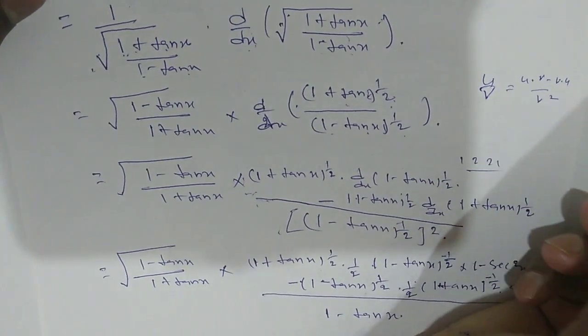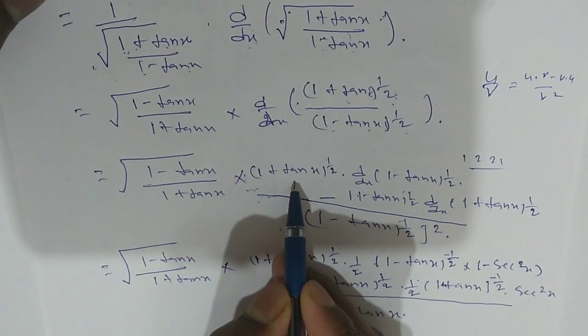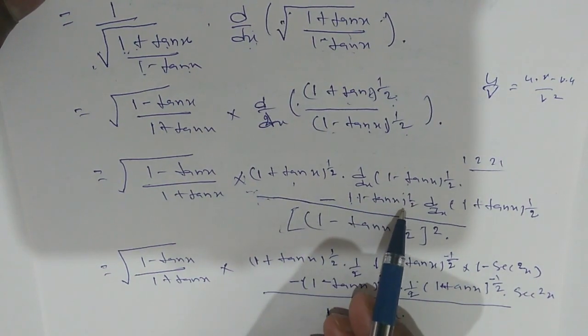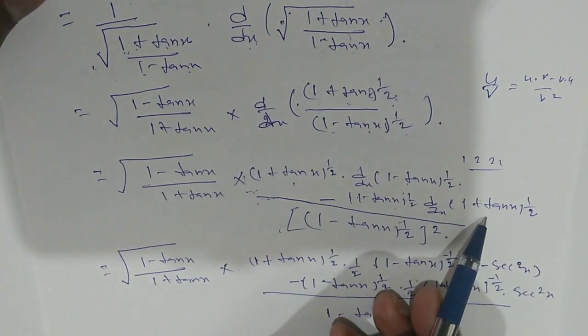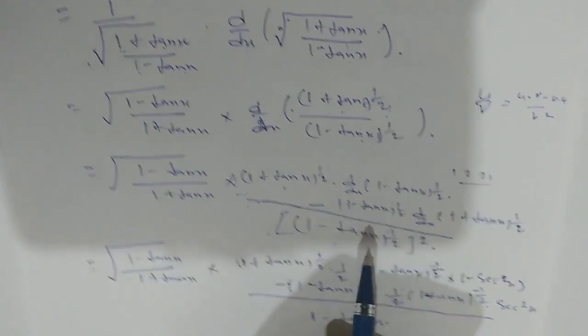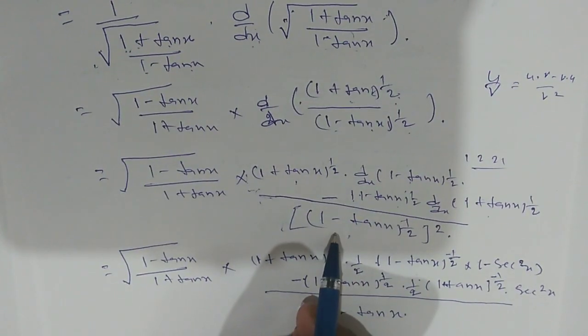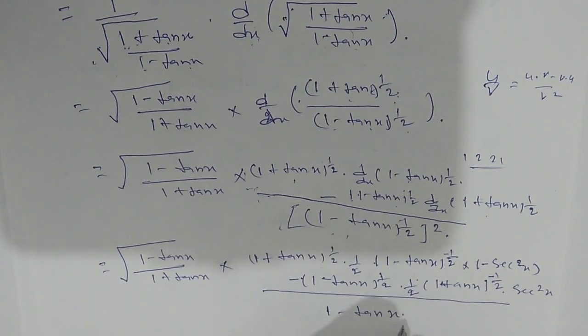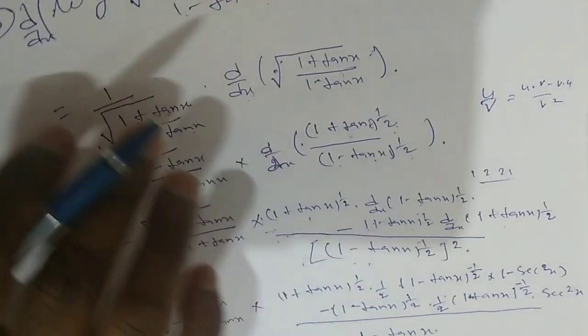So taking like this: first constant second differentiation minus second constant first differentiation, we got this one here. Here is a second, it means square. After solving this one, we got like this. Now understand one by one.